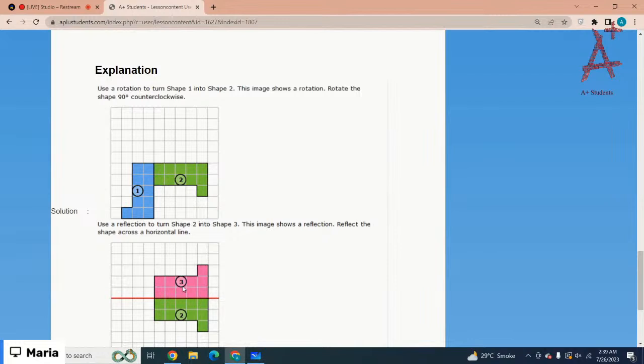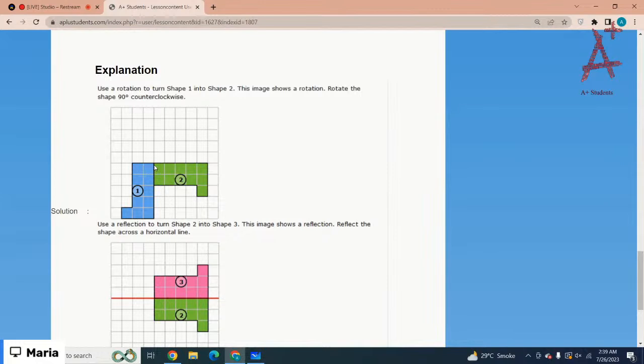So we've learned three things here: rotation, translation, and reflection. If you move the whole shape from one place to another, that would be a translation. If you just move from one side to another side, like this one, that is just a rotation.